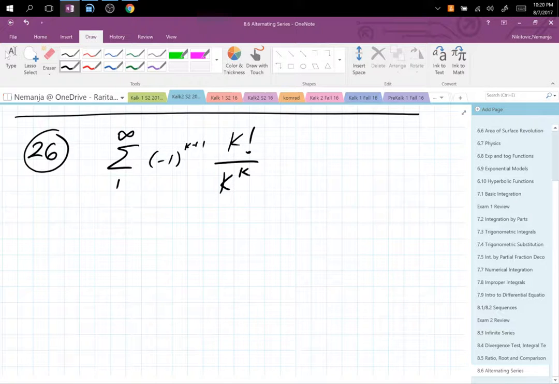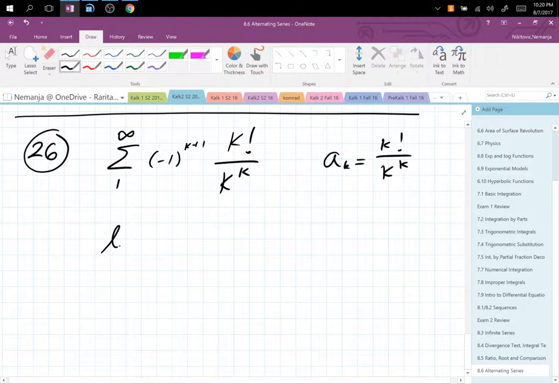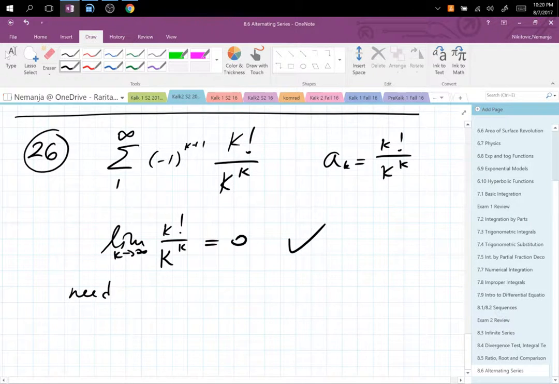If both of those conditions hold, you are on a convergence branch, you get to do the ratio test. So we strip away a_k. We go with the limit of k factorial over k to the k as k goes to infinity equals 0 because the k to the k is in the denominator. Check.